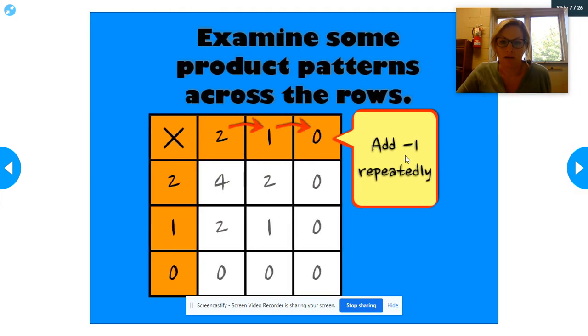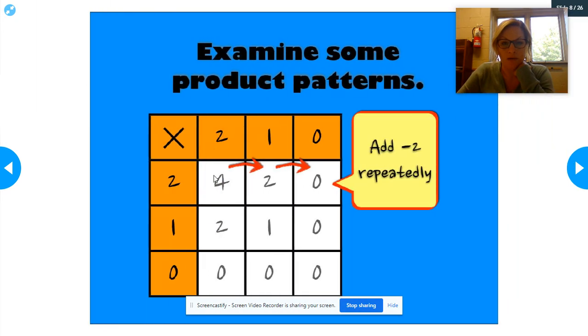And then it's showing you that we're going to examine some product patterns across the rows. So you have this is nothing, and then you start at 2. You're subtracting 1: 2 minus 1 is 1, 1 minus 1 is 0.